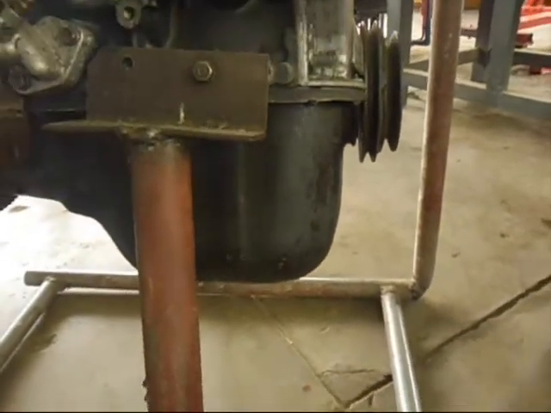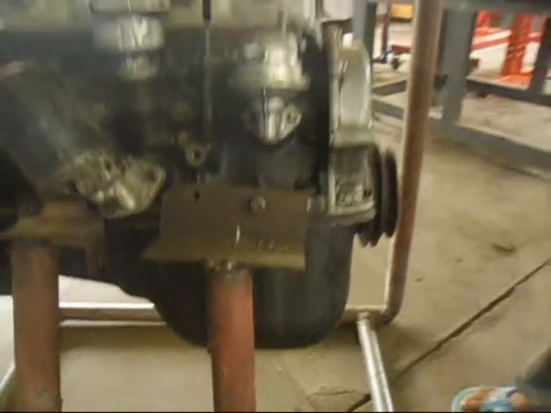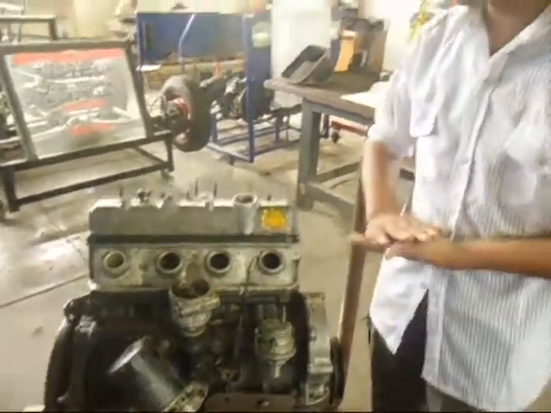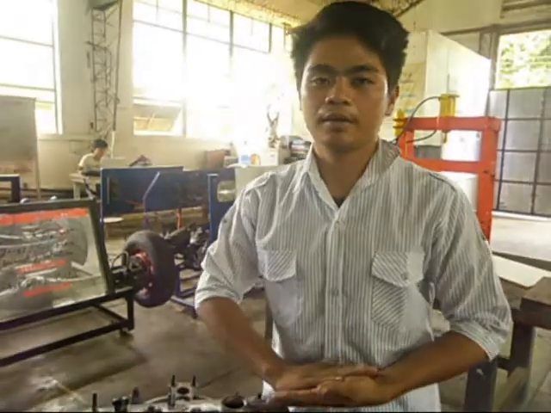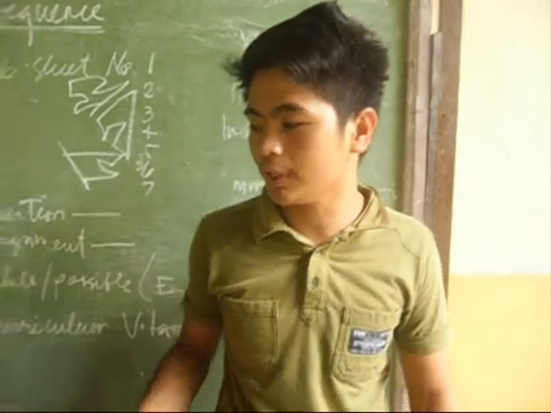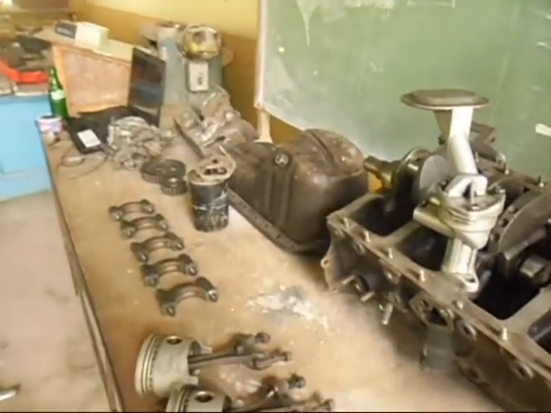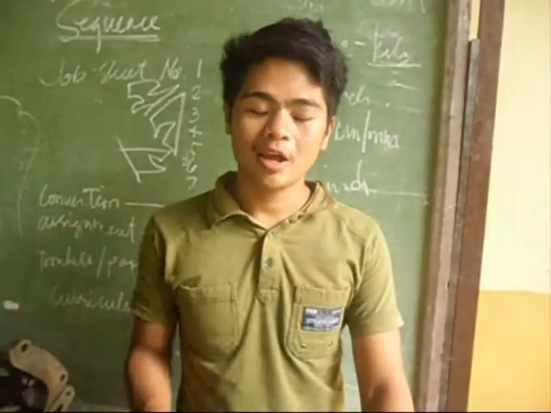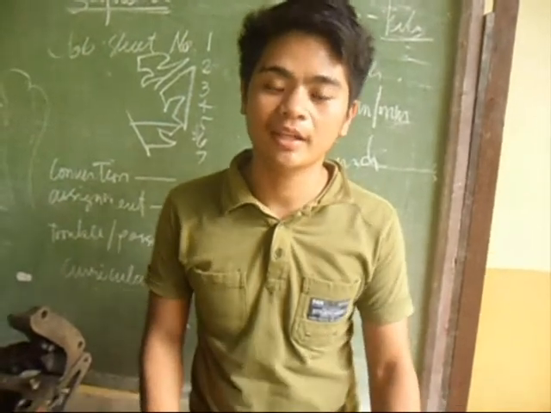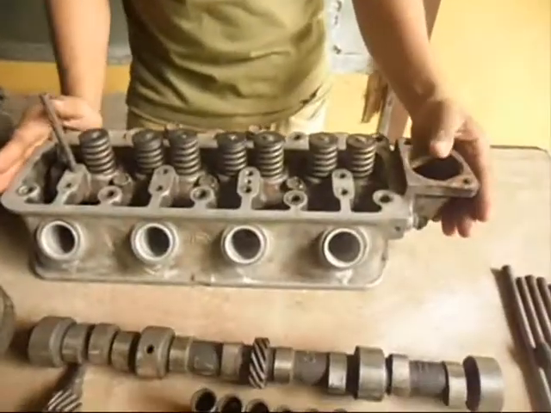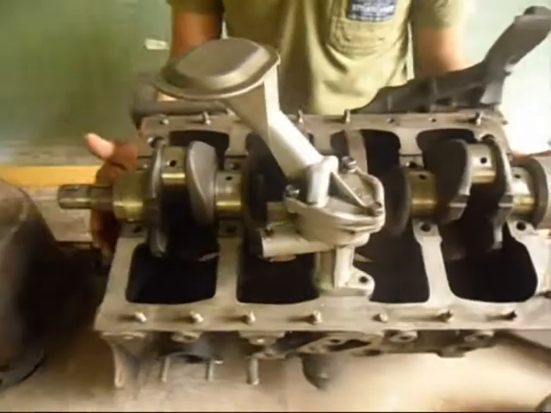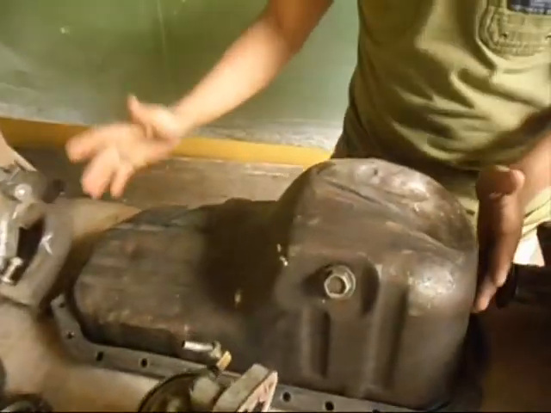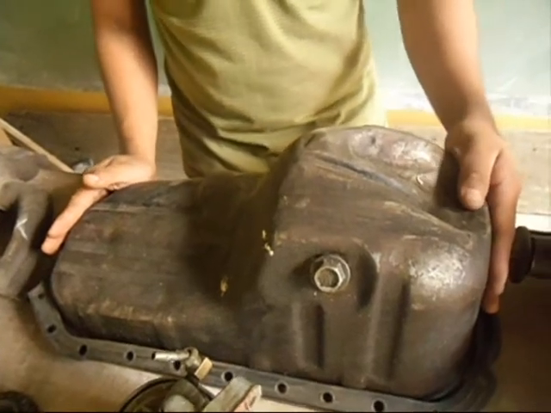And the last is the crankcase or oil pan, which is the storage of the oil to lubricate the engine. Now I will give you the naming of the parts of the exploded engine. Remember, we have three major parts: the cylinder head, the cylinder block, and the crankcase or oil pan.